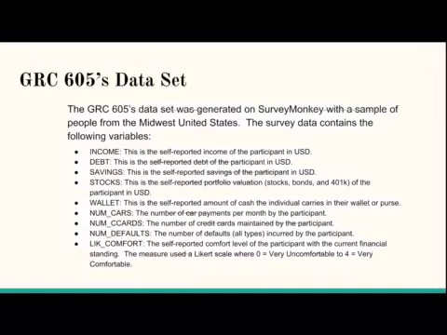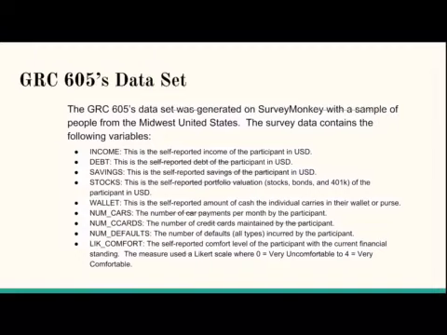We will be using GRC 605's data set. This data set was generated on SurveyMonkey through a sample of people from the Midwest United States. The survey data contains quite a few variables: income, debt, savings, stocks, how much cash they have under wallet, the number of car payments they have under NUM cars.